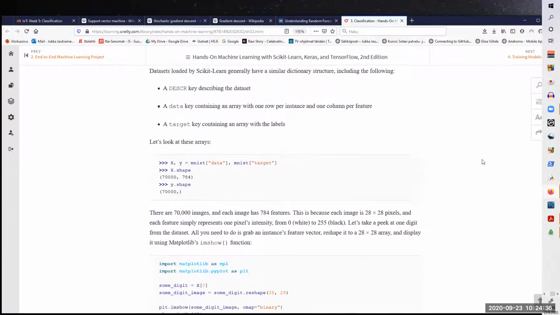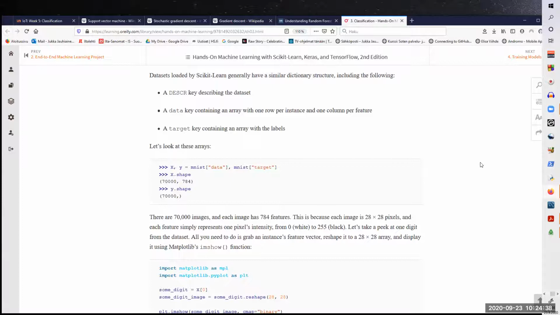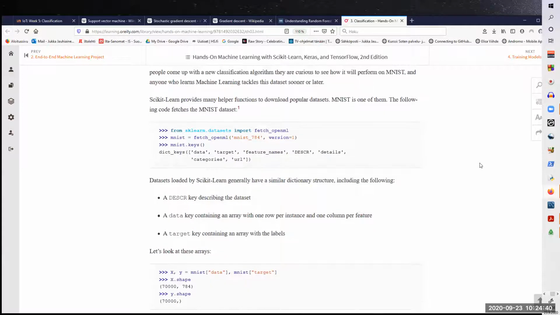And this example uses the MNIST image database, which is a very famous and popular dataset.